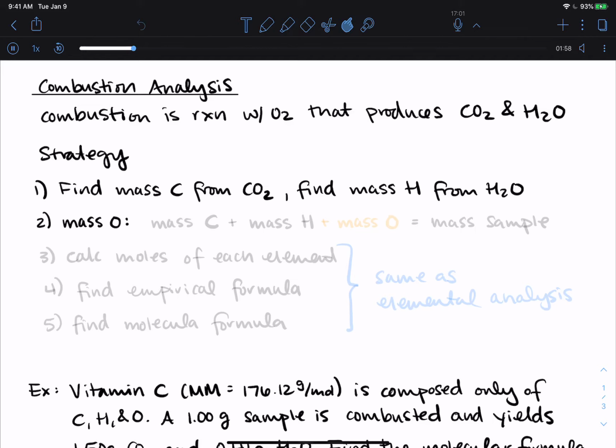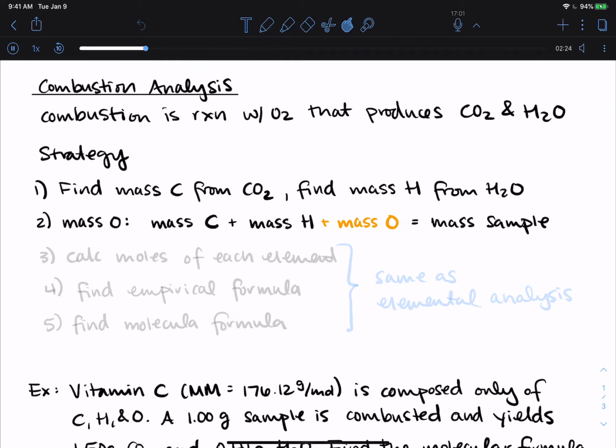So the entire sample, if it's made up of only carbon, hydrogen, and oxygen, then the mass of carbon plus the mass of hydrogen plus the mass of the oxygen should equal the mass of the sample.